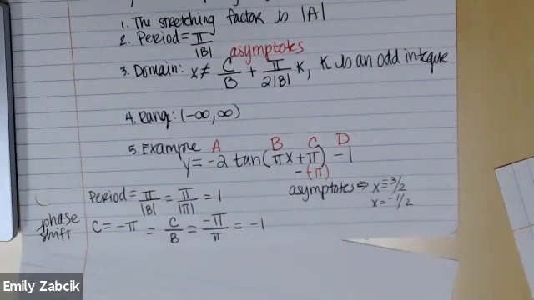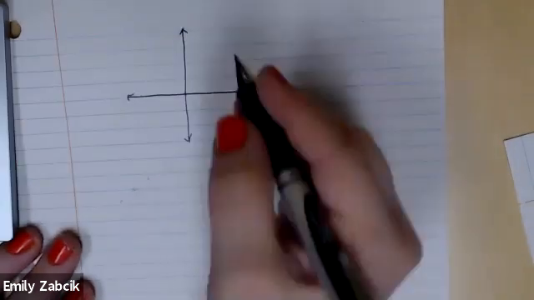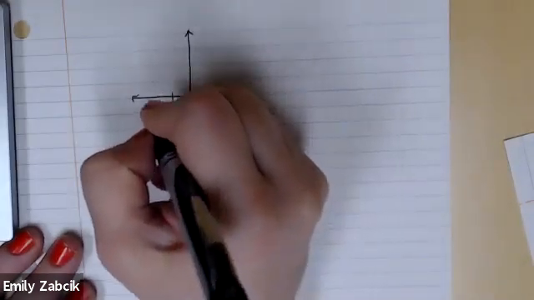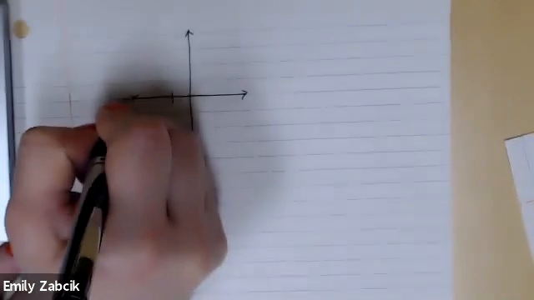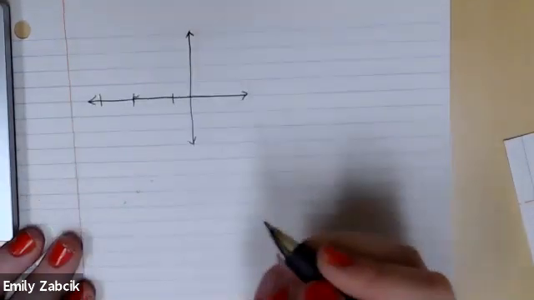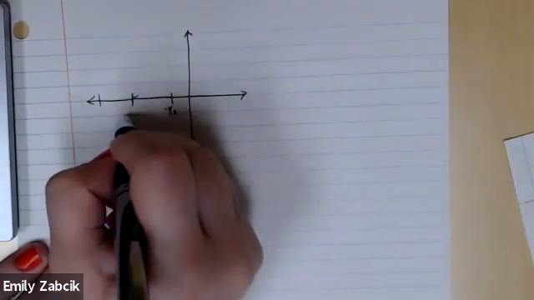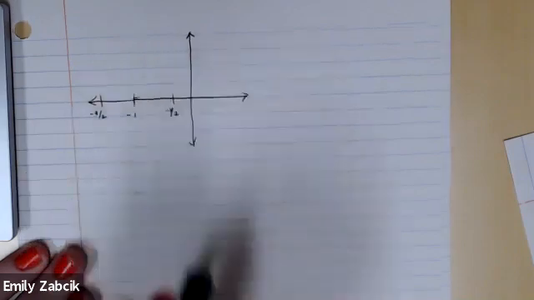Let's just add that on here and see what we can get with it. And then make my units a little larger here so you can see them. So here's -1/2, -1, -3/2.